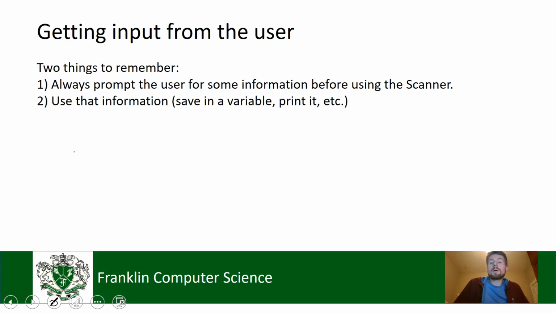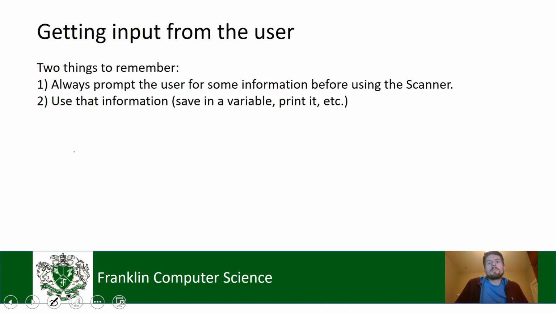A couple things to remember when you're using Scanner and getting input. That last one that I mentioned, handling bad input, we'll push to the side and worry about later. But we're always going to want to prompt the user, and usually to prompt them you'll write a print statement, some kind of System.out.print or println.